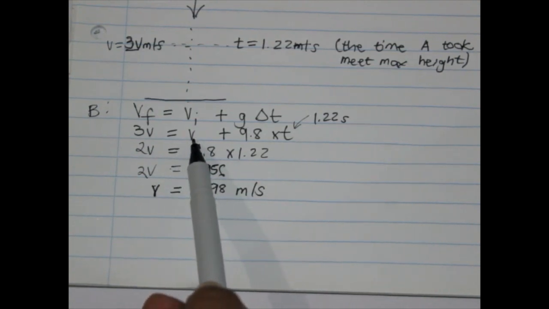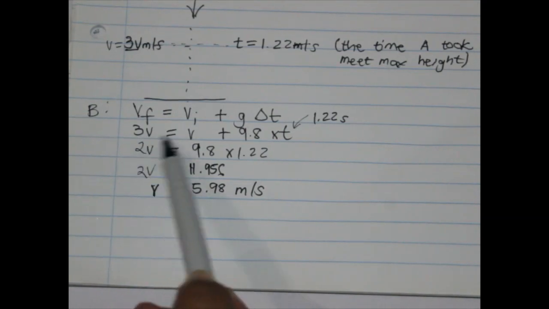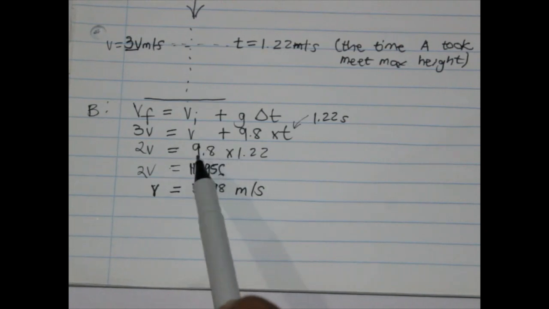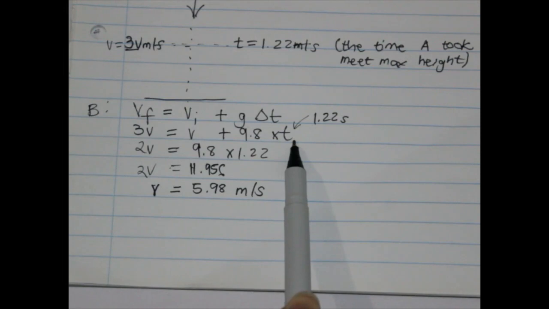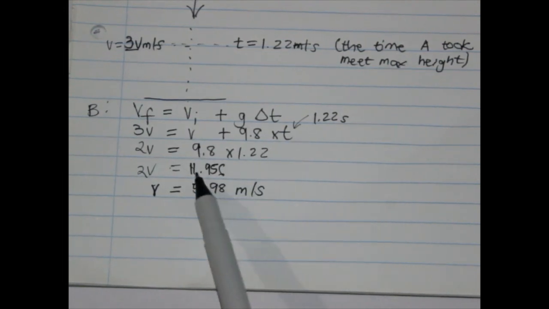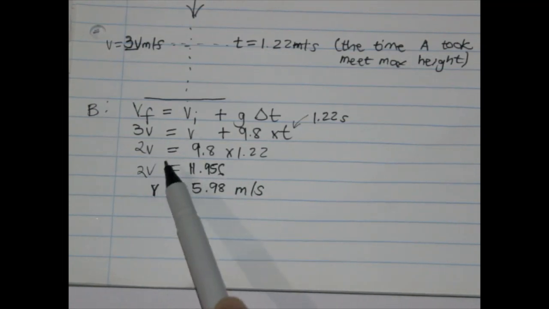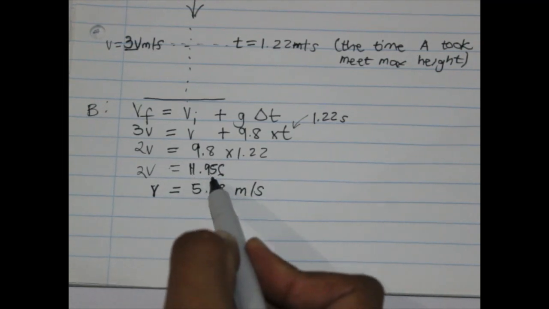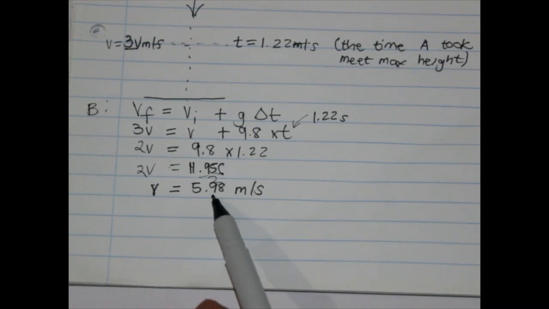We then bring over v to this side, and it becomes 3v minus v, which gives us 2v. On this side, we substitute 1.22 into our time, and when we multiply that out, it gives us 11.956. When we isolate v and take the 2 over to that side, then v is equal to 5.98 meters per second.